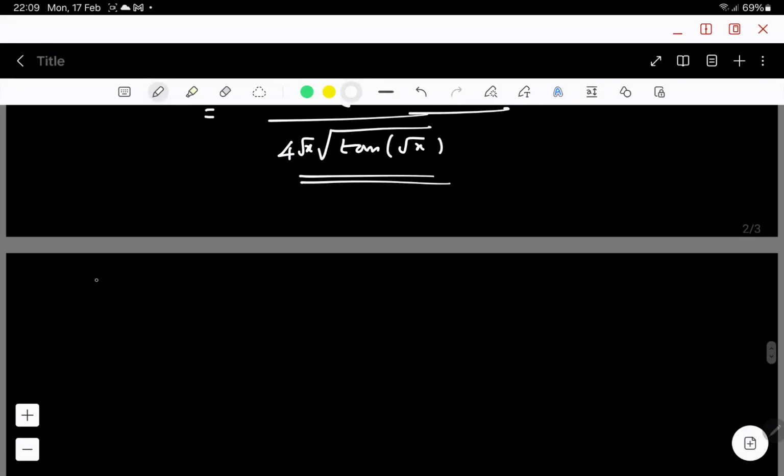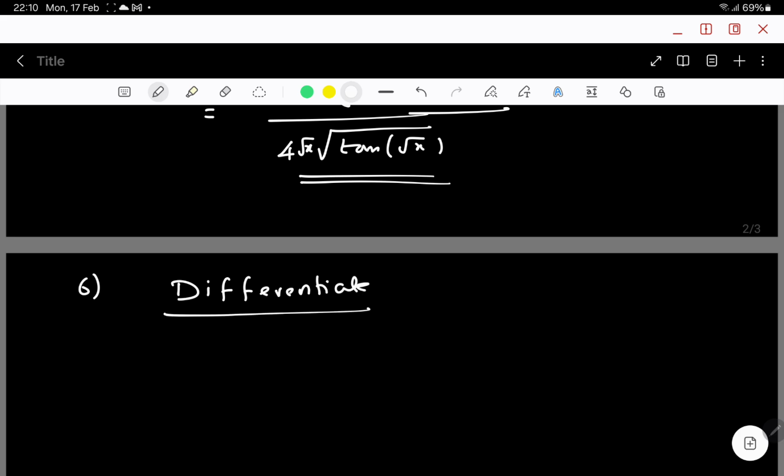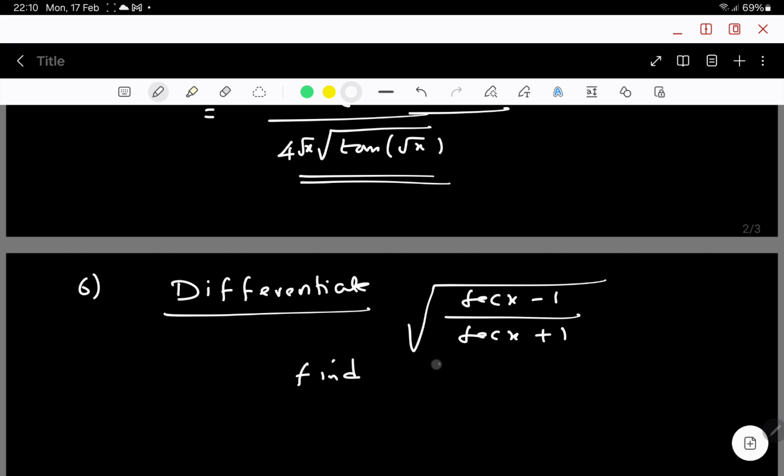Next one, sixth problem. Differentiate square root of under root of secant x minus 1 divided by secant x plus 1, and also find f dash of pi by 3.